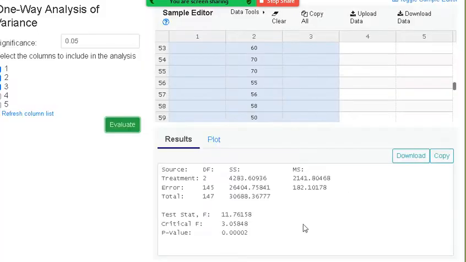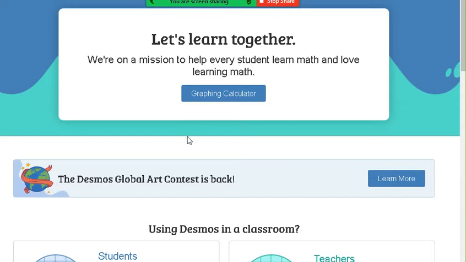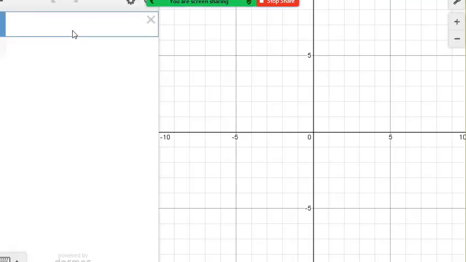Let me see if I can't pull up something on one of my favorite pieces of new technology, Desmos. So y equals, I don't want capital Y, equals mx plus b. All right.